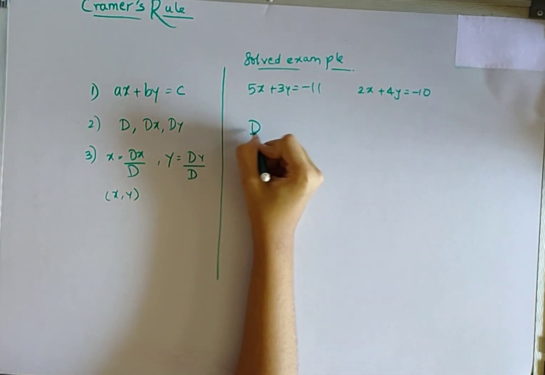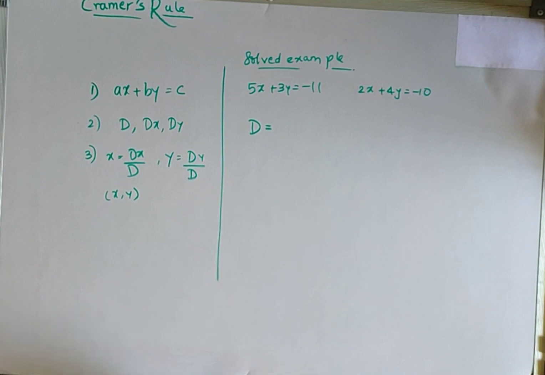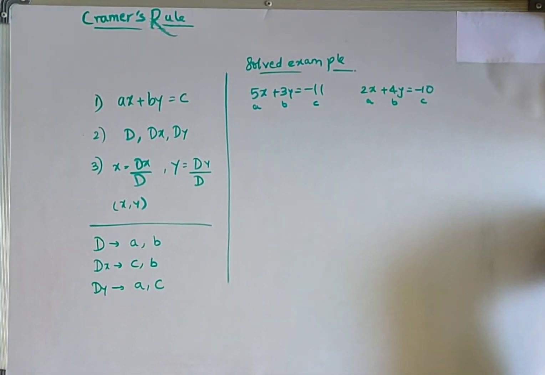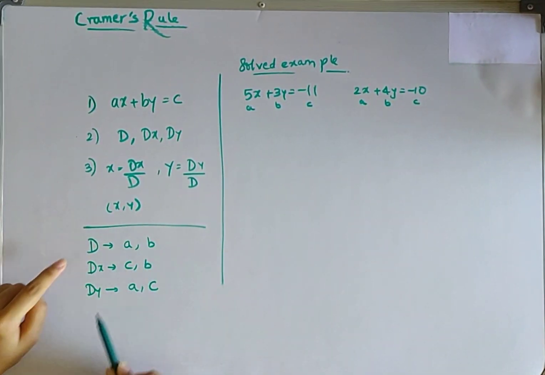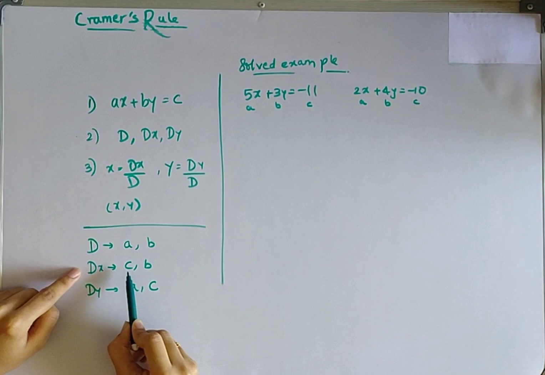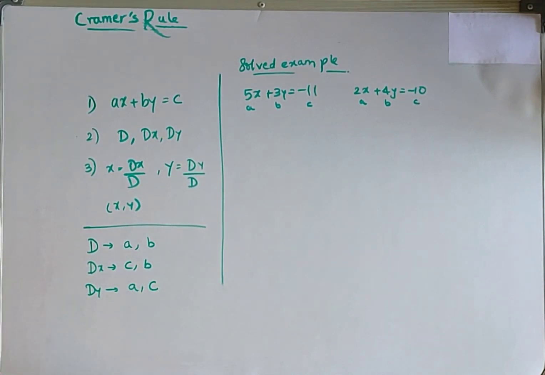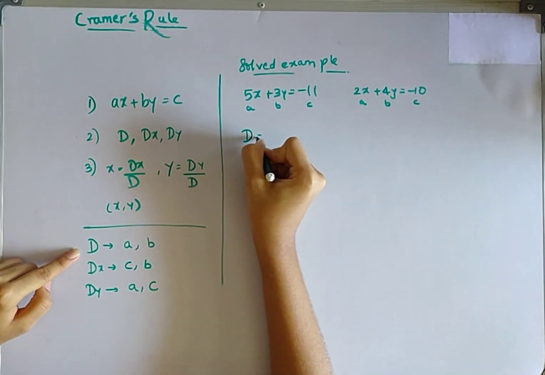So let's find d first. How do you find d? Now I'll give you a simple trick so that you can remember it very easily. The trick is your d should always be a and b, your dx should be c and b, and your dy should be a and c. So let's look at how it works. Let's find d first.